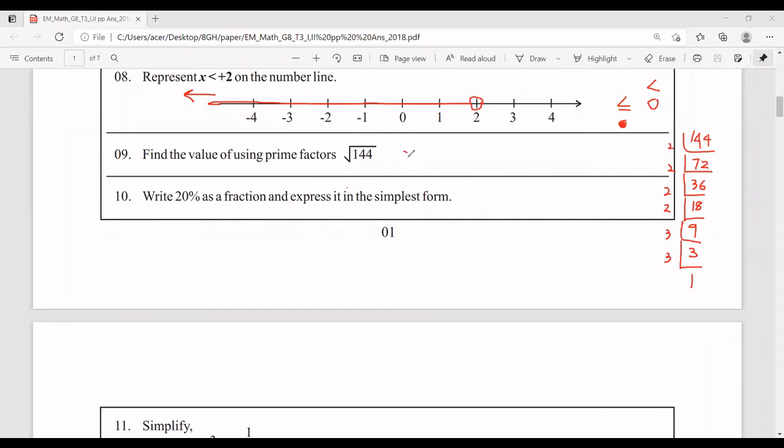Put these numbers into 2 brackets. From these 4 2s, I will put 2 2s here and the other 2 2s to this place.